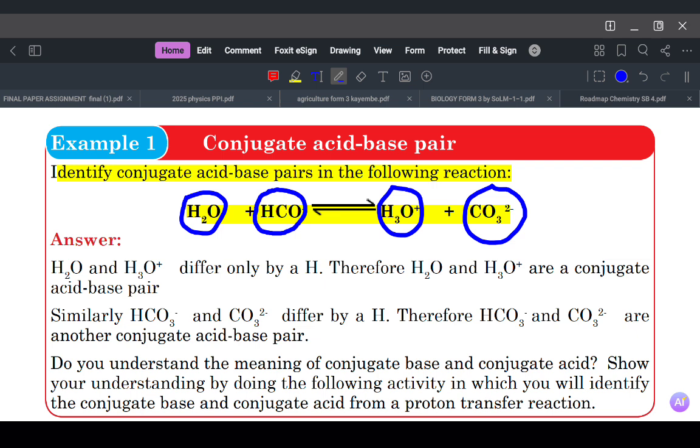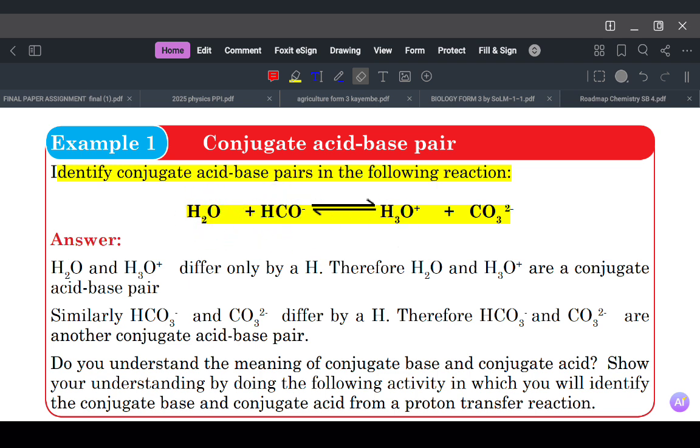an acid and its conjugate will only differ by a hydrogen, all right? Similarly, a base and its conjugate will only differ by a hydrogen. So in the given equation, you simply look for species that are similar, but they only differ by a hydrogen atom.